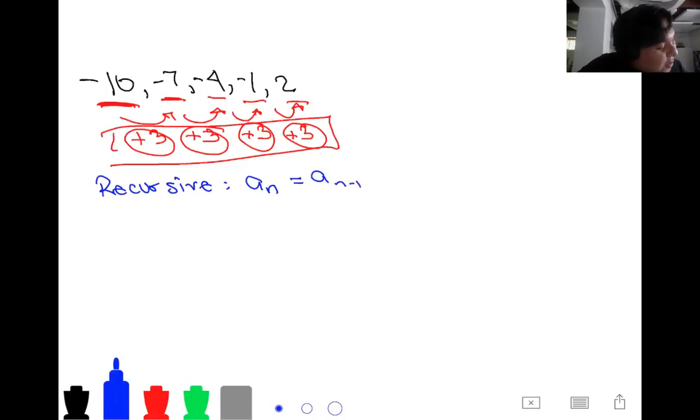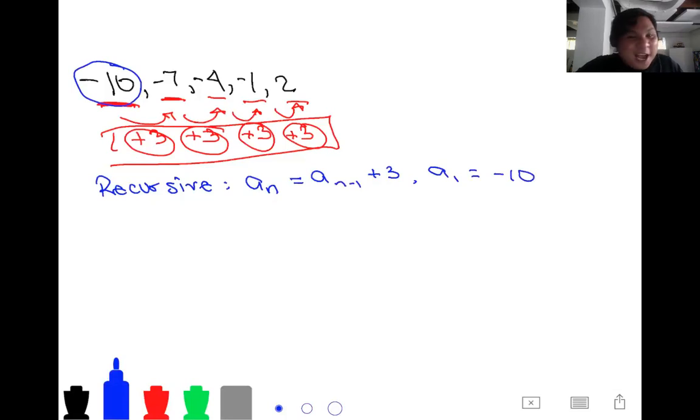Then, whatever the previous term is, we simply add 3 to that. And don't forget, as a recursive formula, you always have to define what your first term is, which is obviously the easiest one. The first term is simply -10.